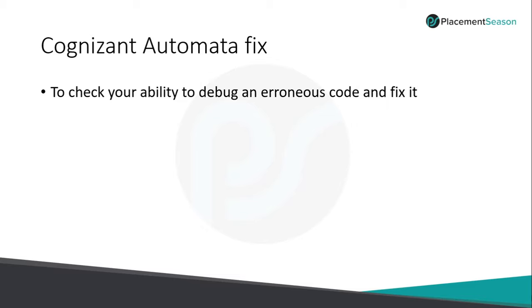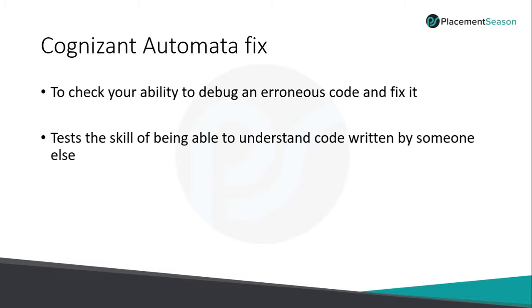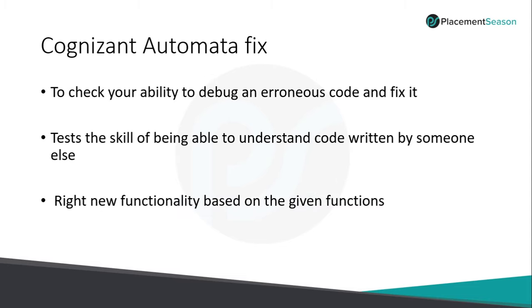So Cognizant is testing students' ability to debug the error code. In this Automata fix type, they are checking the skill of being able to understand the code written by your peer programmers. So you have to follow the coding standard, and if there is any mistake in that program, to check that skill, Cognizant has introduced this Automata fix.